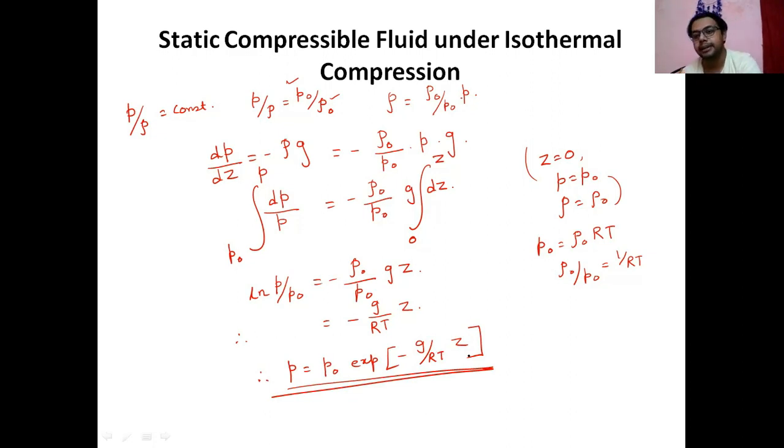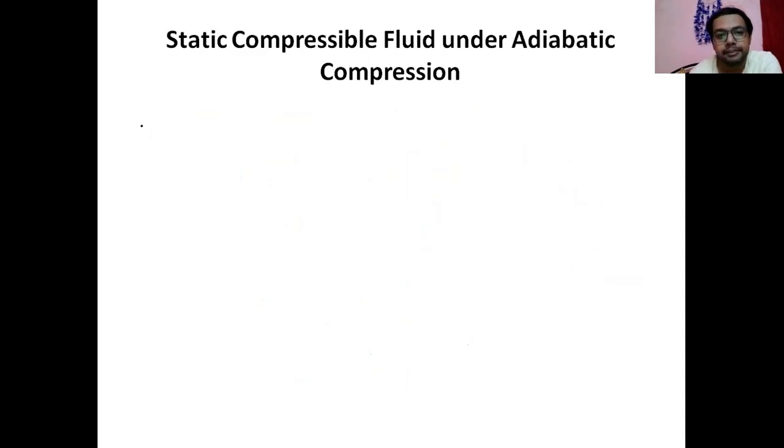If the fluid is adiabatic in nature, this P by rho to the power gamma is equal to constant. The same way, initial condition you set up at z is equal to 0, P is equal to P0 and rho is equal to rho 0.